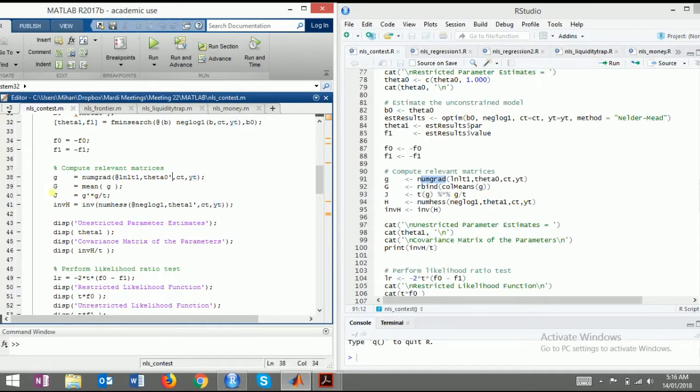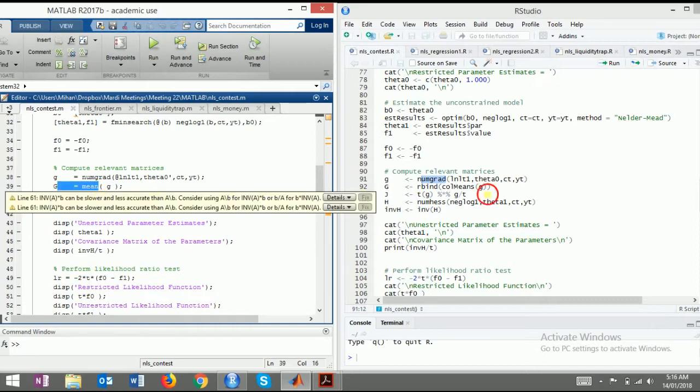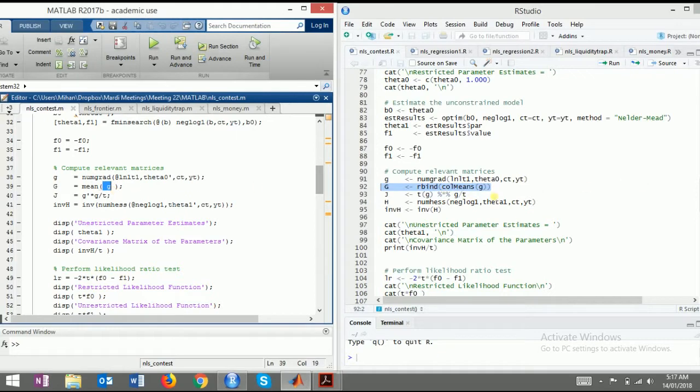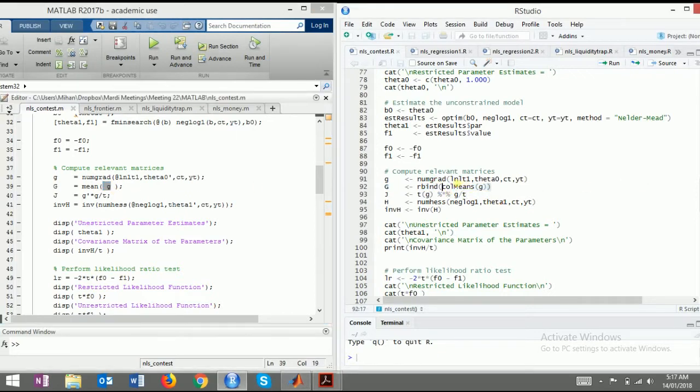G is the mean of G. Well, we are doing rbind. In G, by row, we are expressing the column means of G. So these are coming in columns, so the column means of G are moved into rows, in one column in G. So you see, rbind of the column means of G. Then J is simply G transpose G, because G itself is a matrix.